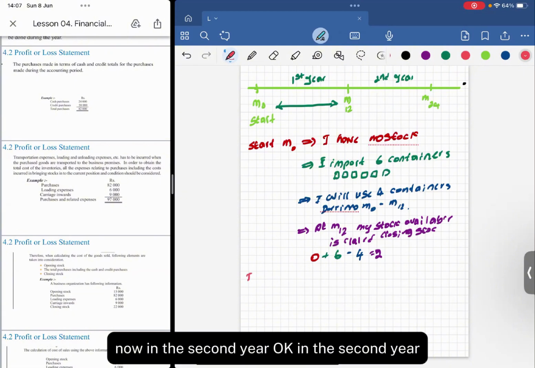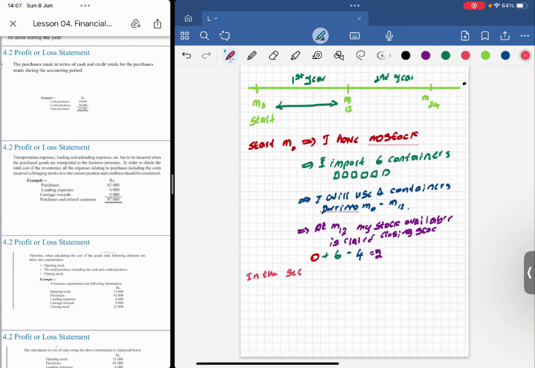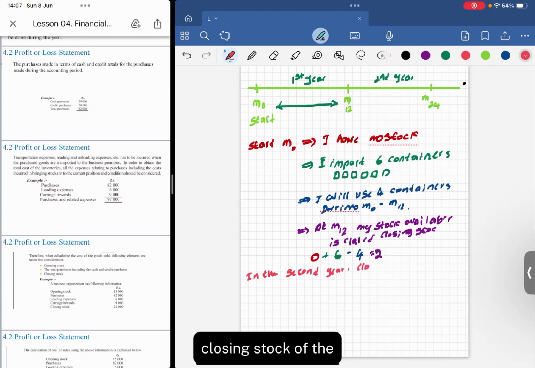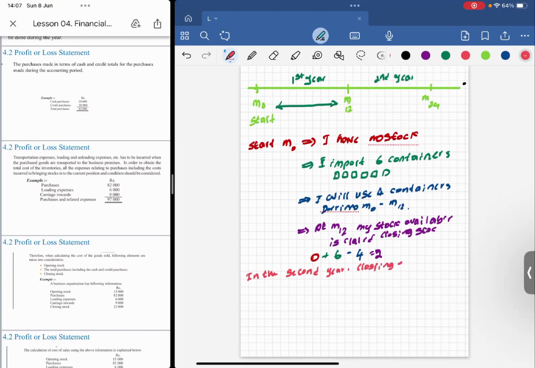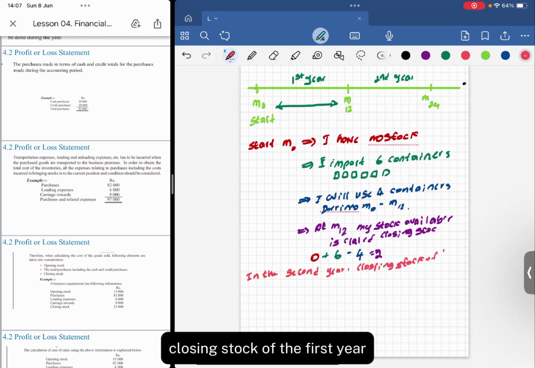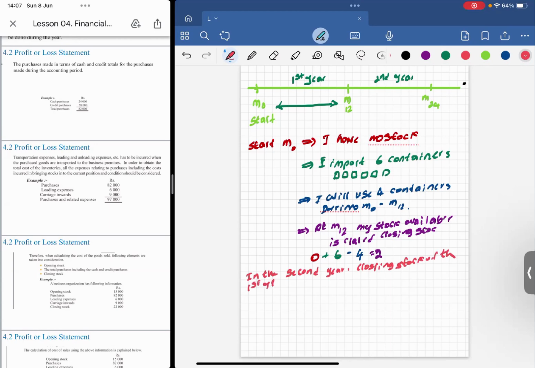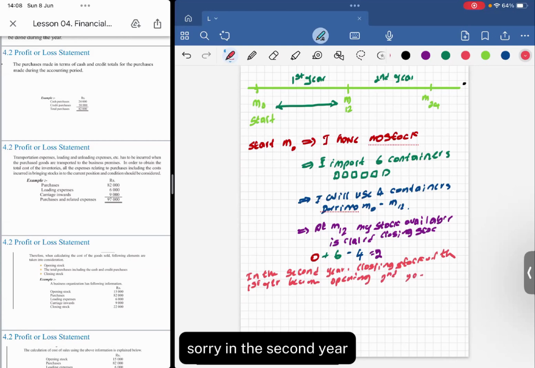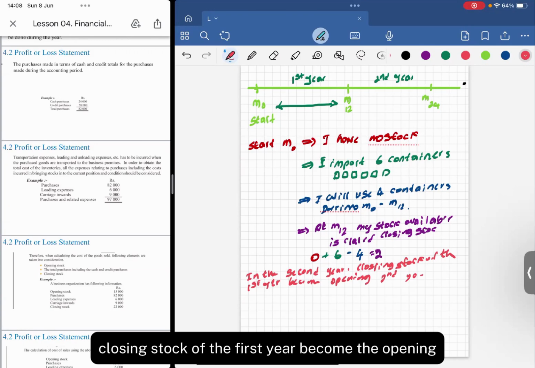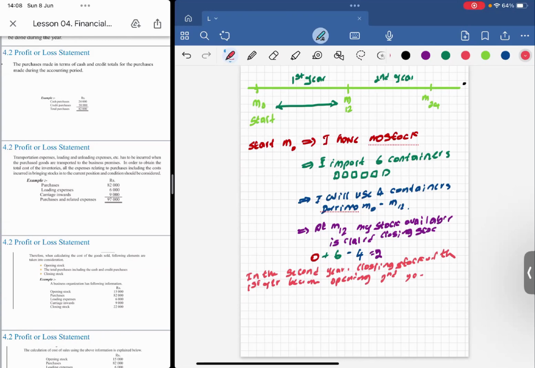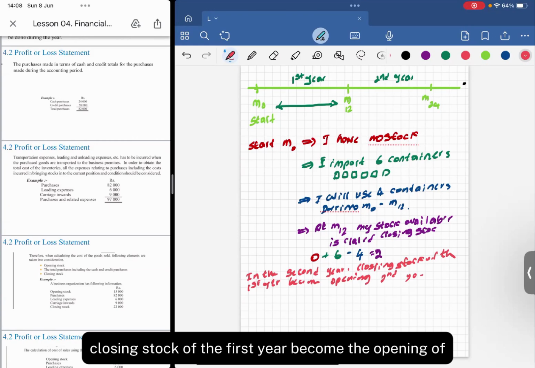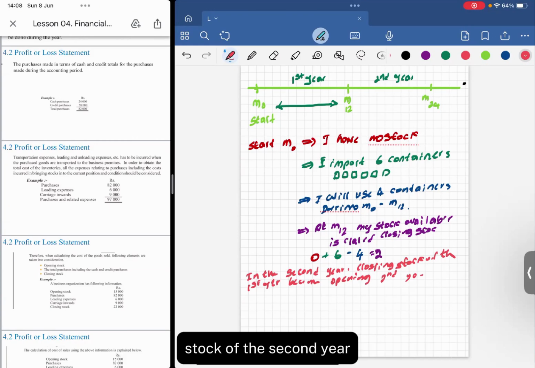Now in the second year, the closing stock of the first year becomes the opening stock of the second year.